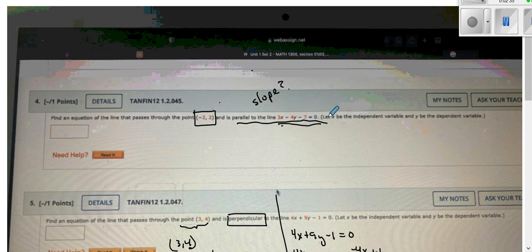So what I'm going to do is take this equation right here, 3x minus 4y minus 7 equals 0. I'm going to solve for y, get the y by itself, because remember with that last question, number 3, when the y is by itself, then the number that's right in front of the x will be the slope. Okay? So that's what we're going to do.